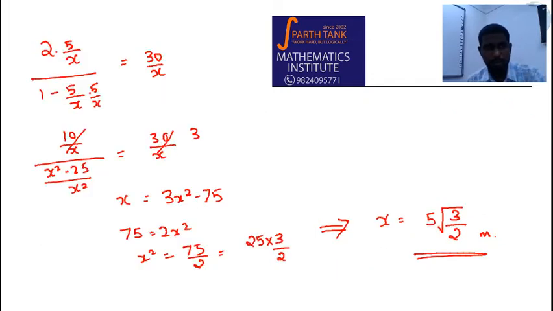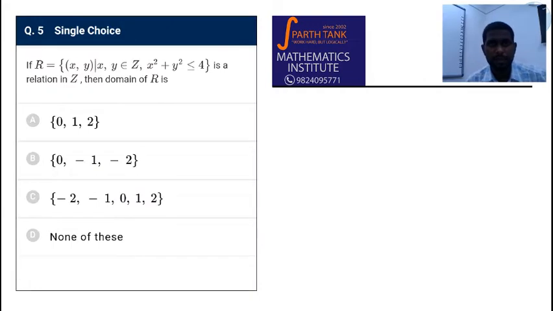Let us move on to question number 5. This is also a very simple problem based on the domain of dependence for the functions. If R is the relation between x and y such that x is related to y, both are integers, and the condition between x and y is x squared plus y squared should be less than or equal to 4.